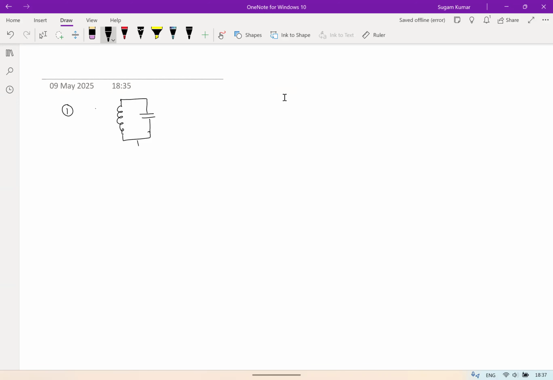And I have written this Hamiltonian as Q square by 2C plus phi square upon 2L, equal to E psi. And this was also written in the form of a differential equation.